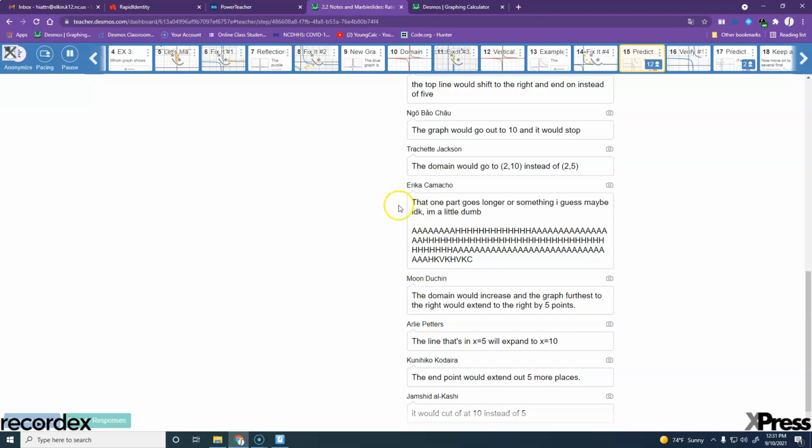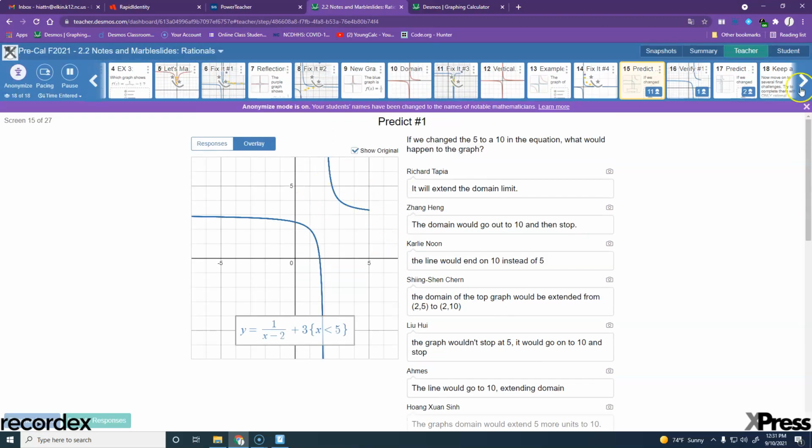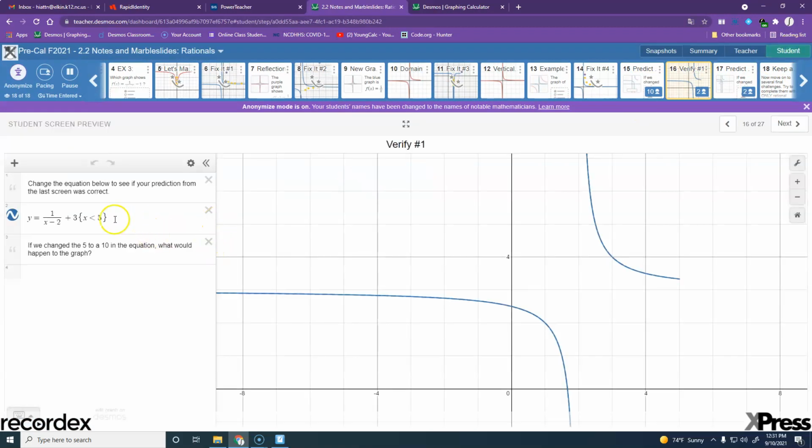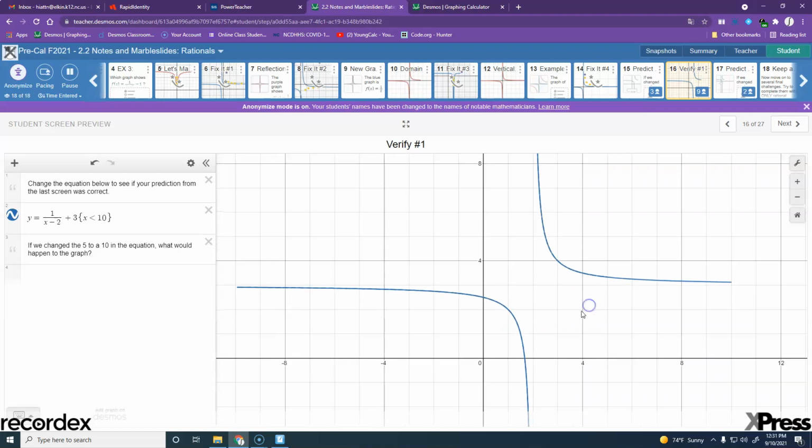I don't know, I'm a little dumb. But you're right. Whoever this Erica is, you are correct. You are not a little dumb. All right. And then you can test it here on the next one. You can see if we change that 5 to a 10, it just does extend that graph out a little bit longer.